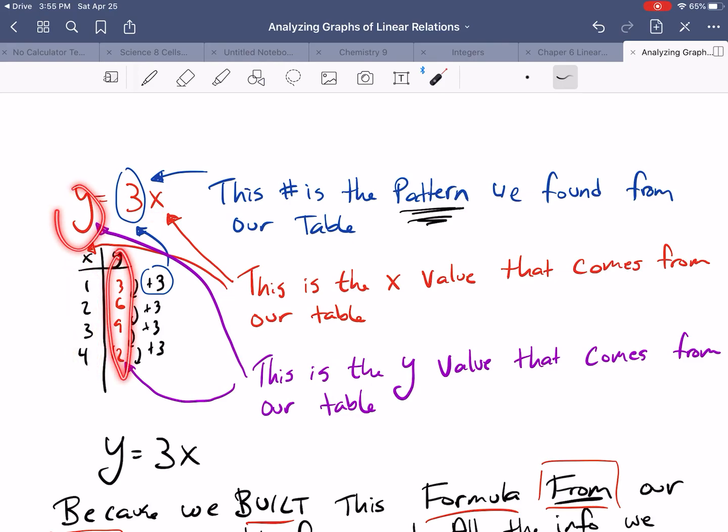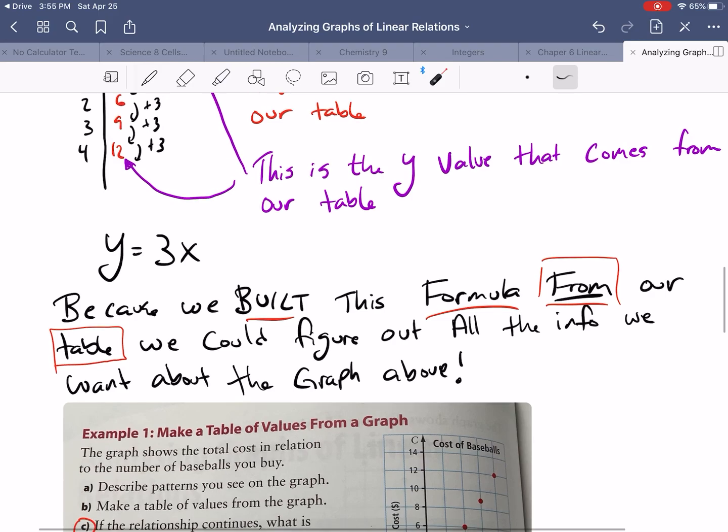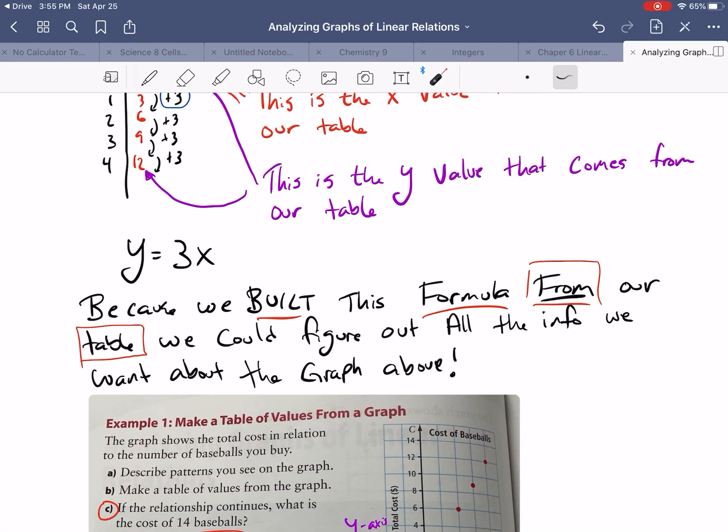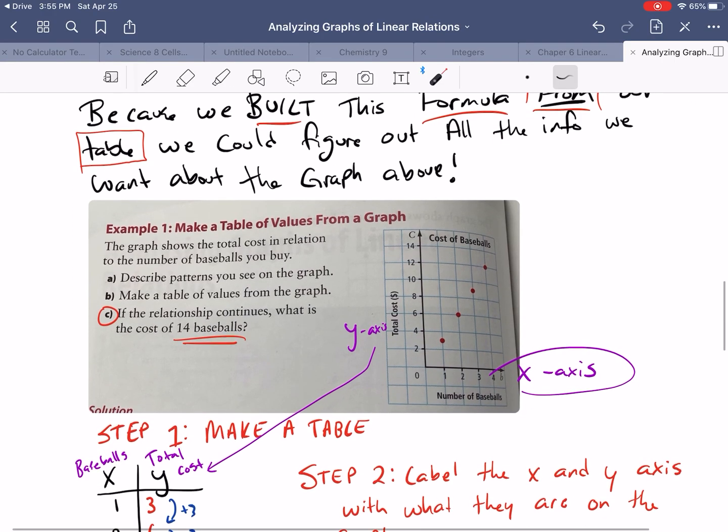Cool. So we can actually get a whole bunch of answers by filling in the blanks for the x's and the y's. So our formula was simple. We just wrote y equals the pattern, which was 3x. Bam, that's the answer. Because we built this formula from our table, we can figure out any information that we want about the graph above.